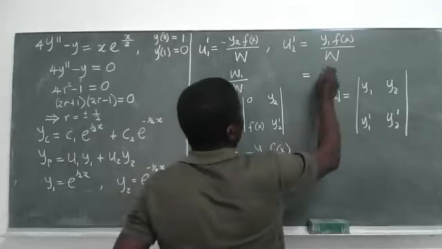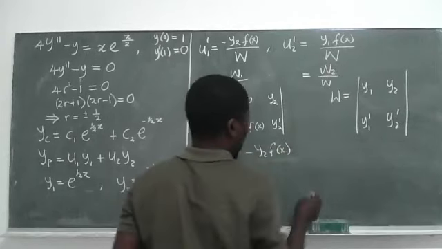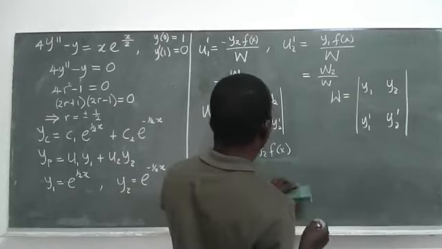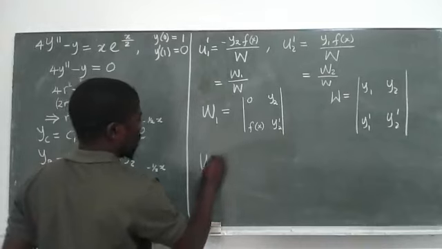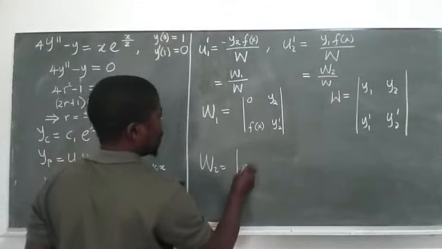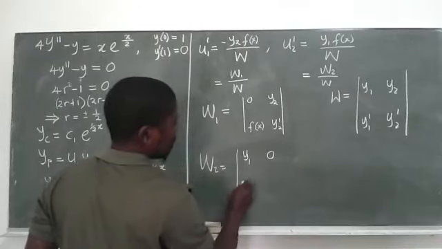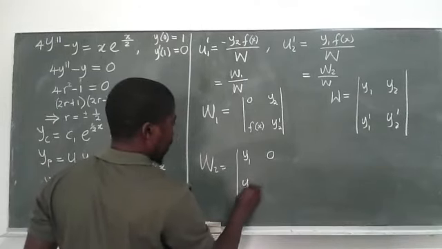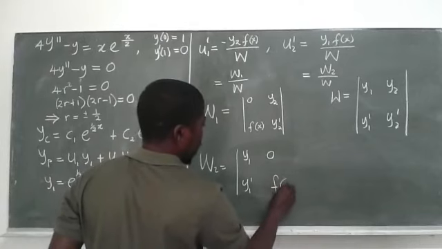Even here, you end up with Wronskian 2 over the Wronskian. To work out Wronskian 2, it is the determinant of y1 this time, and y2 becomes 0, y1 prime, and then f of x.